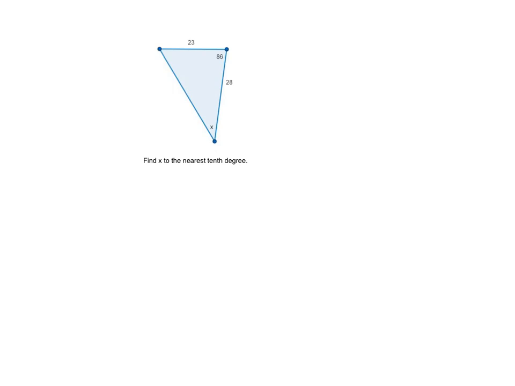There's a couple ways I can go about this. I'm going to use the law of cosine to start and find this side. So these are my matching sets. This is going to be my x to start, but I'll call it y for this. So to use the law of cosine, I'm going to say y squared is equal to 23 squared plus 28 squared.